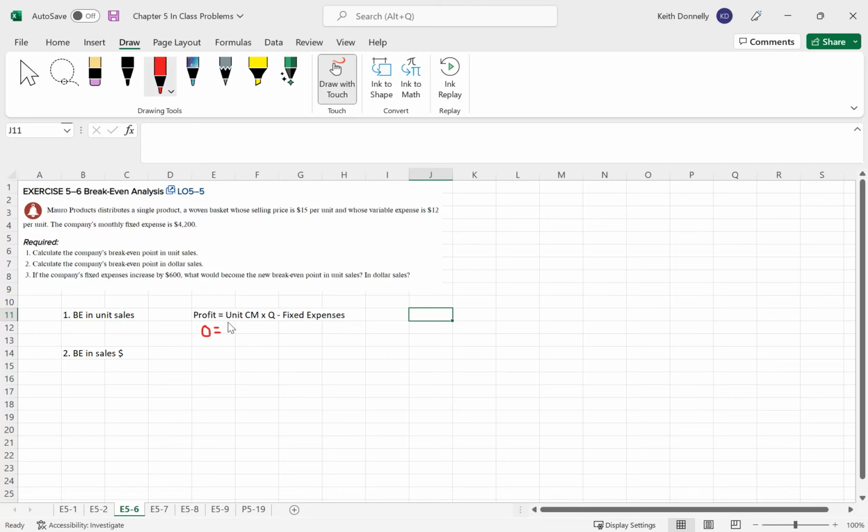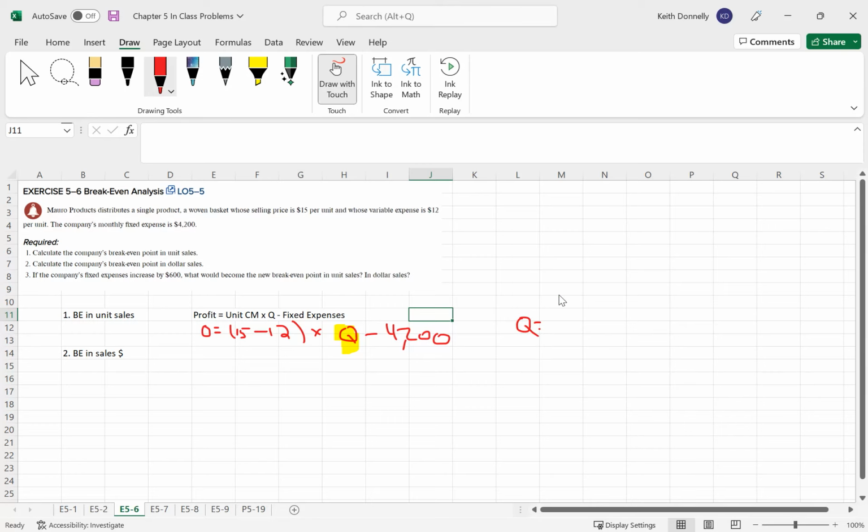We have our unit contribution margin, $15 minus 12, times the quantity, minus our fixed expenses of 4,200, right? So we're trying to solve for the quantity. We have all of the other variables. When you do this, you rearrange the equation.